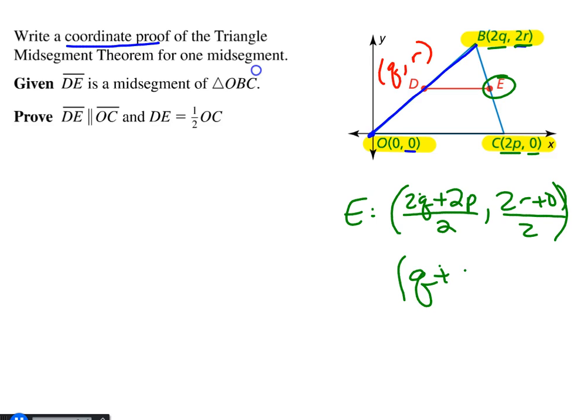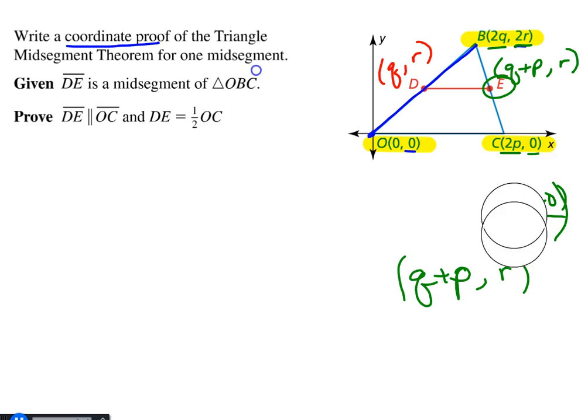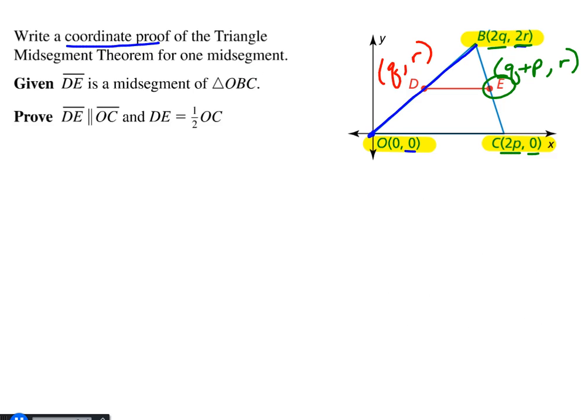So we get whatever Q plus P is, that's the X value. And then 2R divided by 2 is just R. So E is the point Q plus P, comma, R. Now I know this does look ugly and it gets kind of messy because we're only dealing with the variables. But that's all right. We can work with variables.